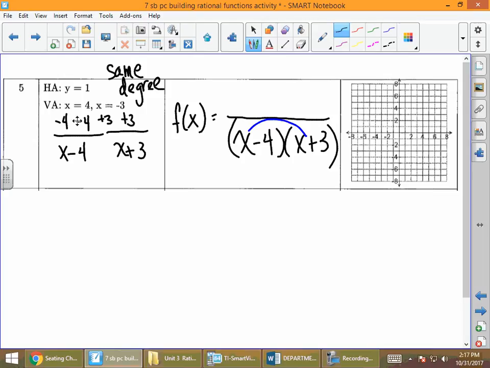So what's going to go in the top is going to be an x squared. And now that we have the same degree, it's going to be y equals 1. You don't necessarily have to write this one, I'm going to. But it's the ratio y equals a over b. A is 1 on the top. And then the coefficient on x squared on the bottom is also 1.